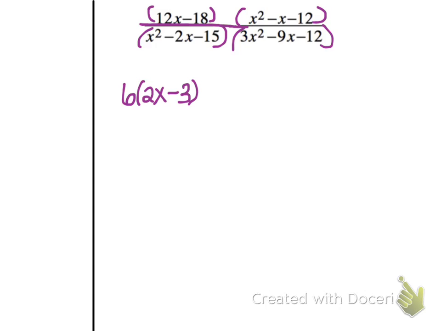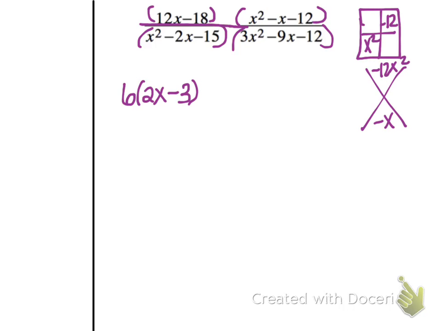Now also on the top is that x squared minus x minus 12, and that factors. It's an x squared, so let's check out our rectangle and our diamond here. We've got x squared, we've got negative 12. We're looking for two things that multiply to negative 12x squared and add to negative x. So it looks like the sides of our diamond are going to be negative 4x and positive 3x.